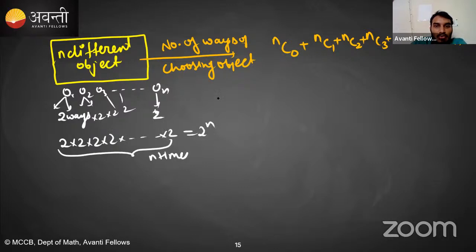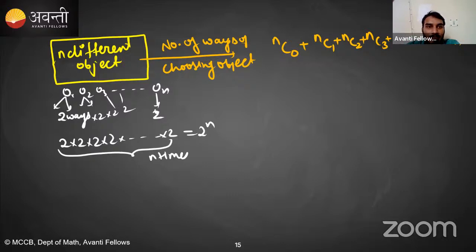Since these two are exactly the same, they will give the same result, because at the end of the day we are choosing objects from the n different objects. So 2^n should be equal to nC0 plus nC1 plus nC2 up to nCn. Is that clear? So mathematically also we can prove it, and by using permutation combination we can also prove the concept.